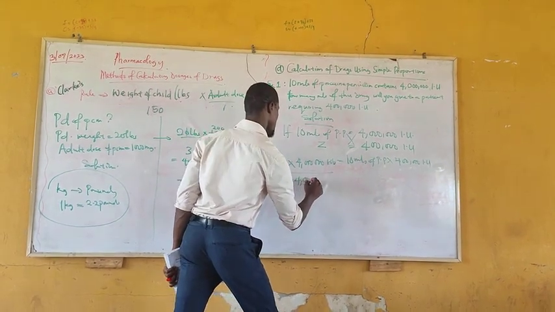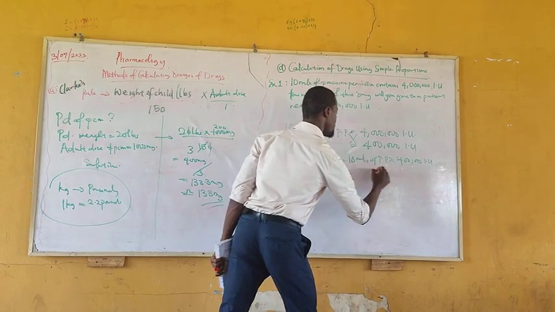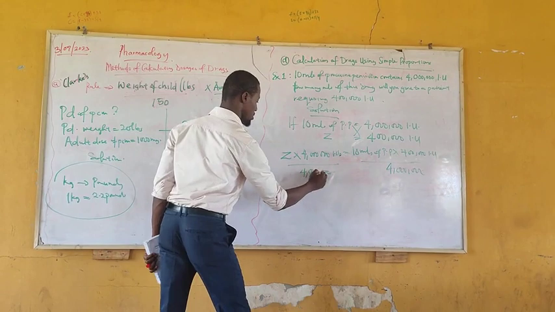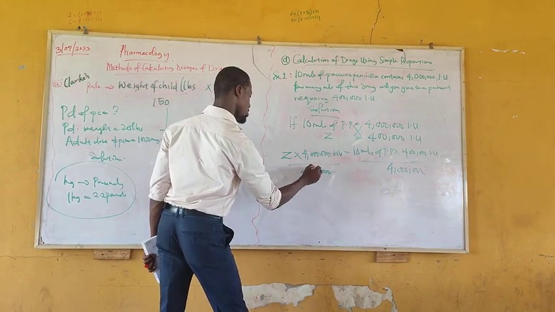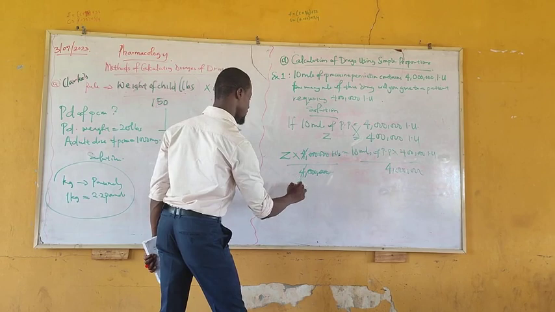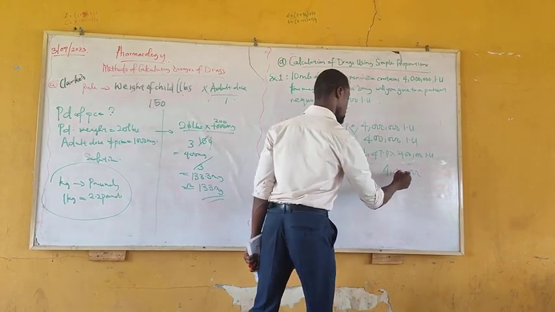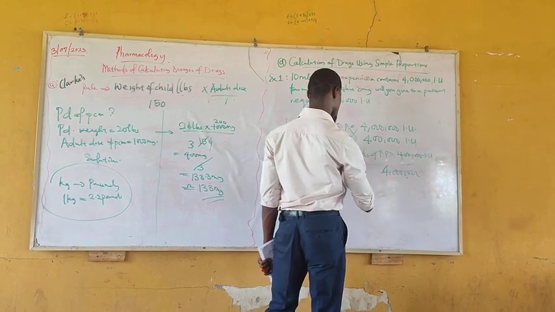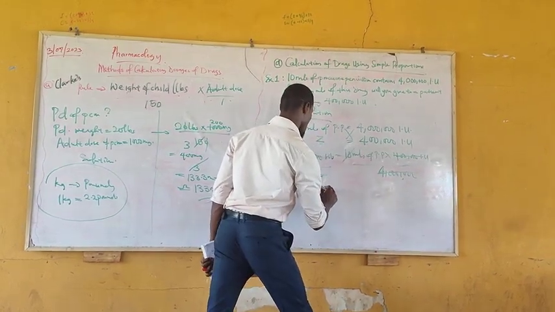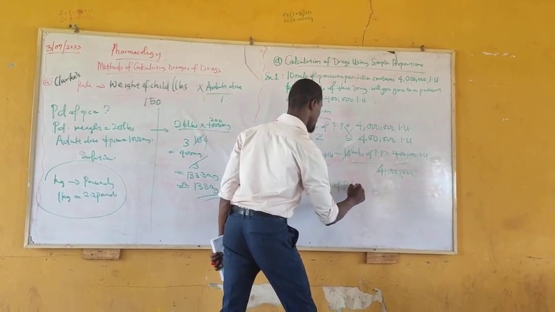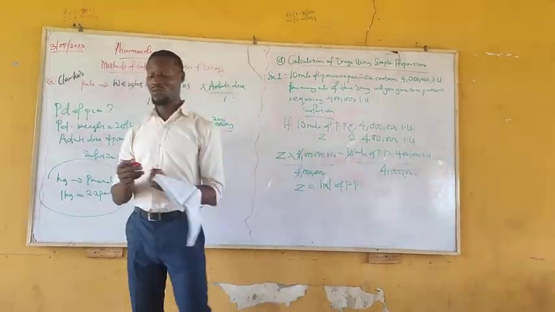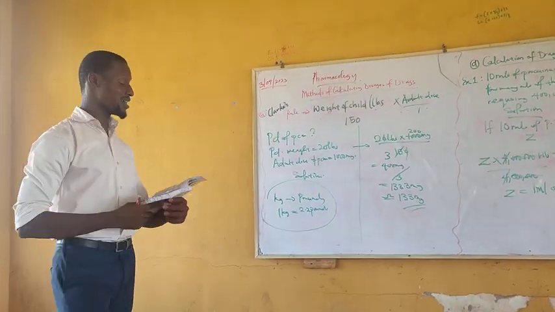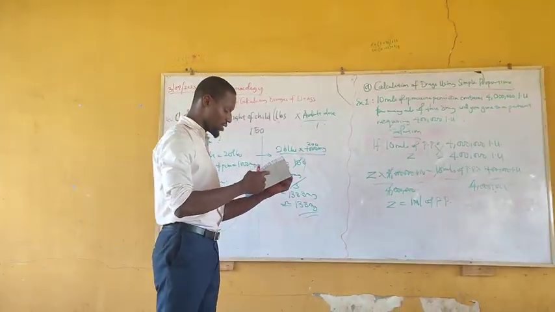The 4 million cancels here, so Z equals, then we cancel this 10, and we have 1 mil of procaine penicillin. I think that one is straightforward. You will give the patient 1 mil of procaine penicillin.